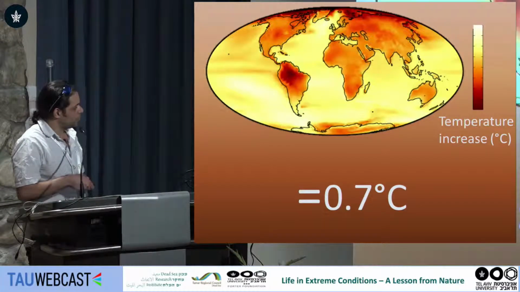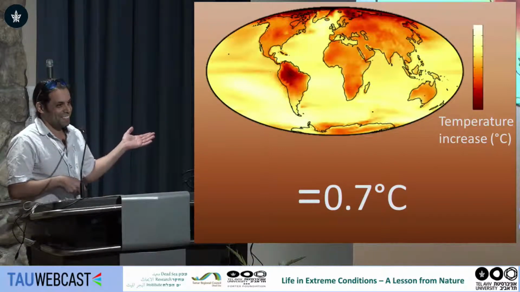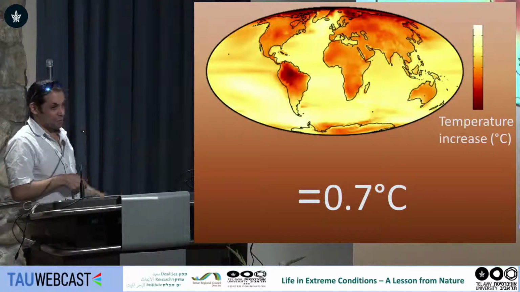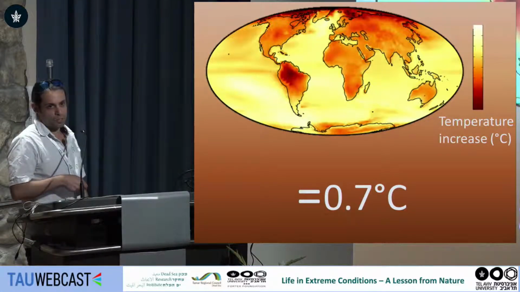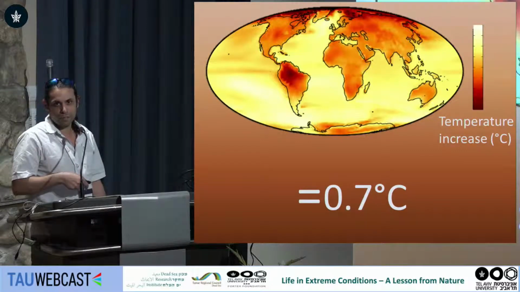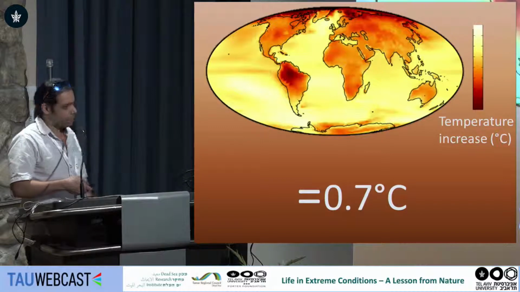Until now, on average, the climate of Earth is 15 degrees, and I guess by now it's like 15.7 maybe. So just on average it's 0.7, which is basically nothing if you compare it to the natural variation on Earth.